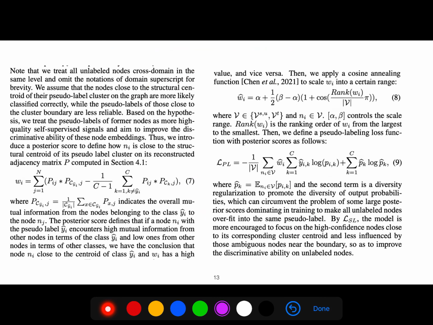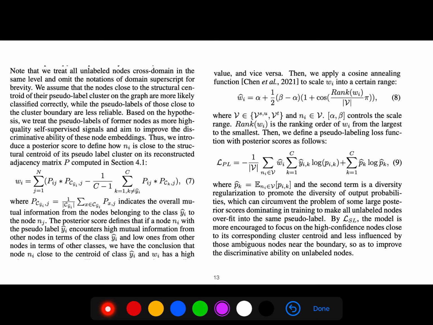So we treat all unlabeled nodes cross-domain at the same level and omit the domain superscript notations for brevity. So we introduce a posterior score to define how close n sub i is to the structure centroid of a pseudo-label cluster on its reconstructed adjacency matrix P. Then we apply a cosine annealing function to scale omega sub i into a certain range.